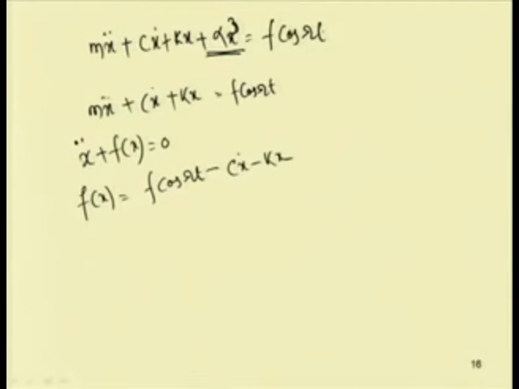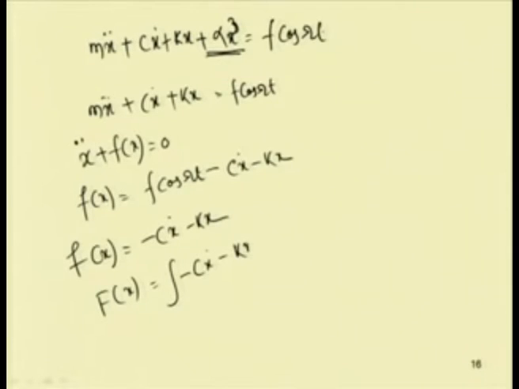For a free vibration case this equation can be retained in this form. So, f x will be equal to minus c x dot minus k x, and one can find the integration of minus c x dot minus k x with respect to x, and from this one can find the velocity term.